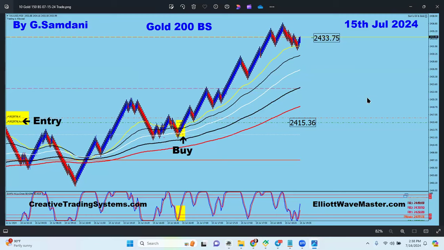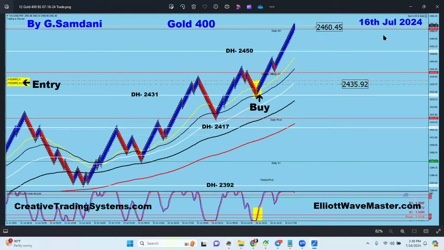Oh, my mouse battery. Okay, so what happened then? This one came in right after that, and it dropped here, and this is a 400 brick size, like a 40-minute chart. So 200 box size means 20 minutes. Instead of 40 and 20, that's confusing.